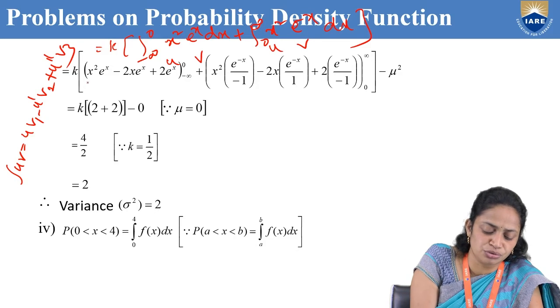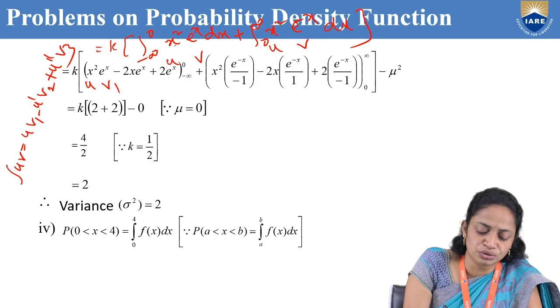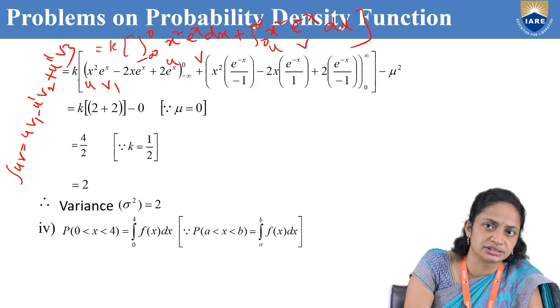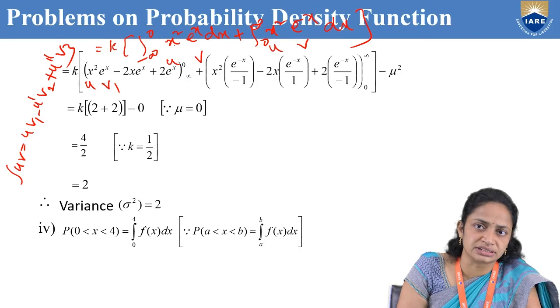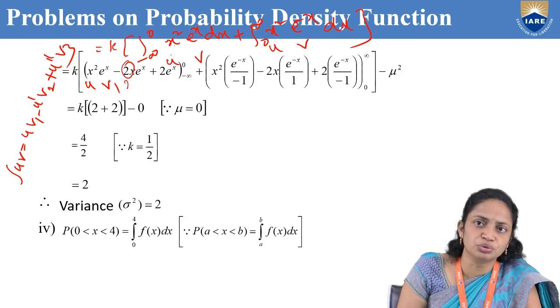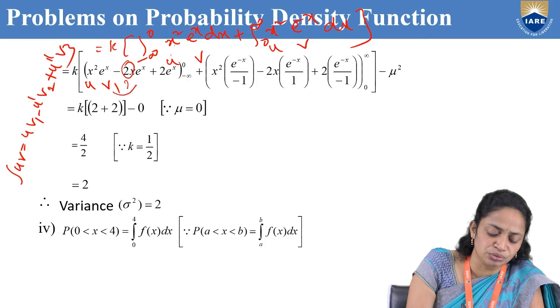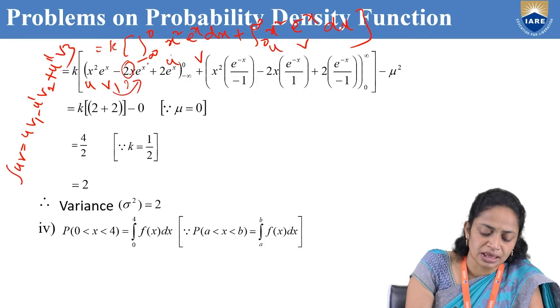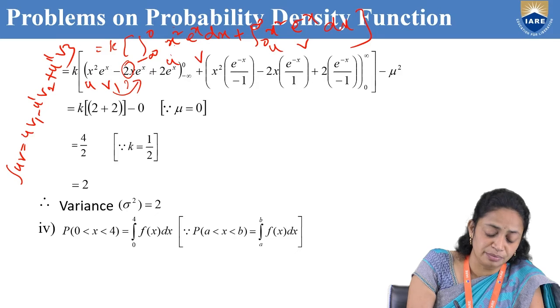Okay, so this is u v1. So u x square. Directly here I am writing x square. v1 e power x integration is e power x. Minus u dash v2, in u dash x square differentiation is 2x. So that's why I am writing here 2x into v2. Next, e power x integration is also e power x.